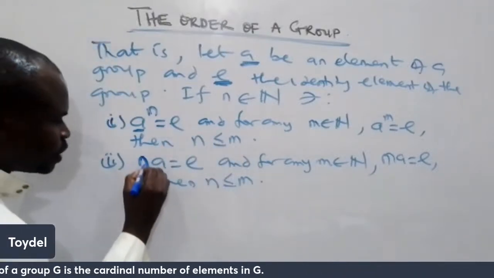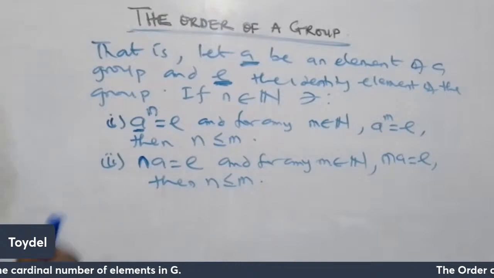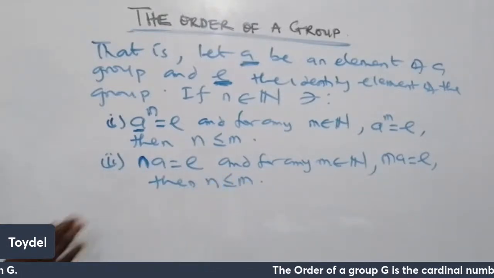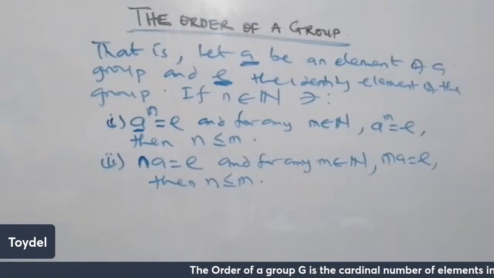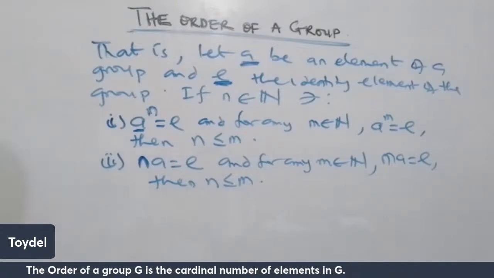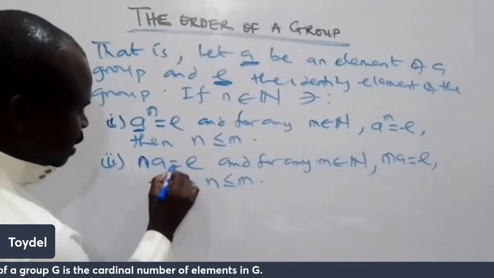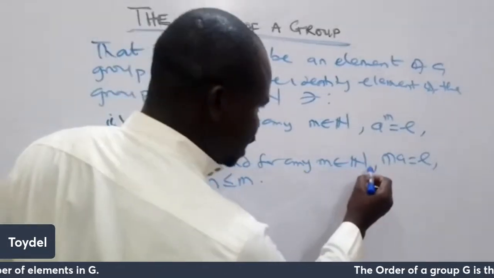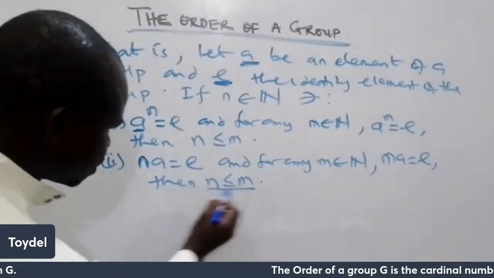And in the case of multiple, multiple simply means what you use to multiply a particular figure, and when you use it to divide it, it's without remainder. For instance, the multiples of 3 are 6, 9, 12 in that order. So in the case of multiple, nA must give us identity, and for any m that belongs to the natural numbers, this is the condition that we have.